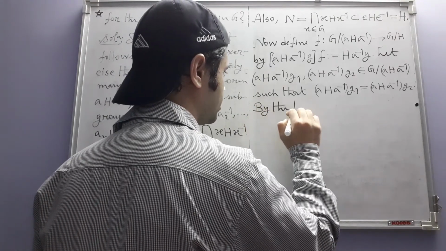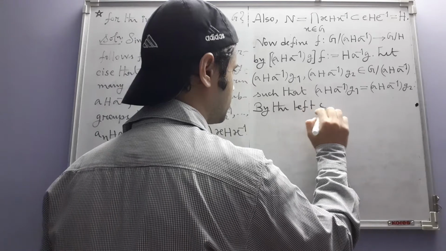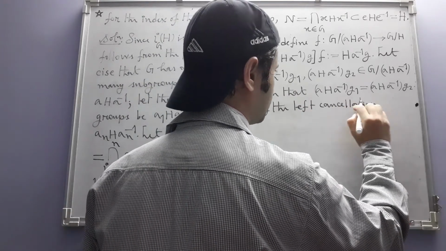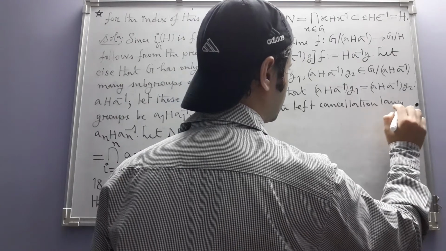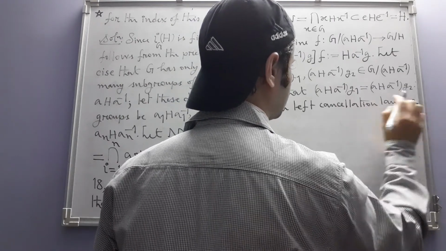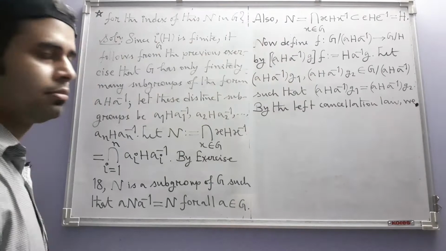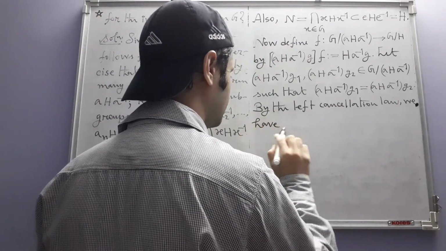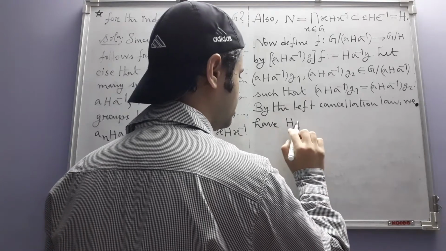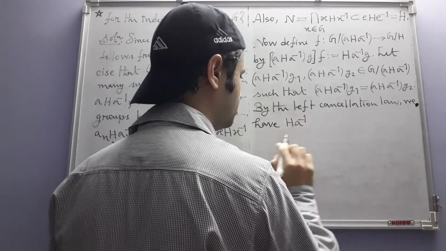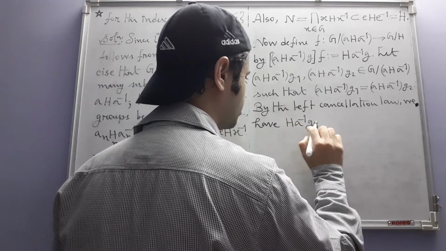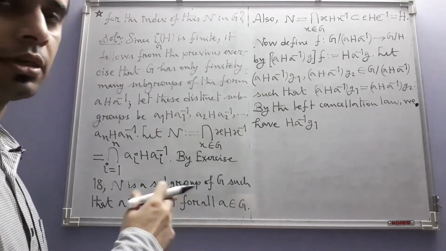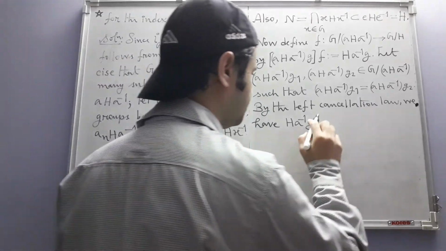By the left cancellation law, we can cancel A from both sides. That leaves us with H A inverse g1, which we can simply write like this because of the associative law.